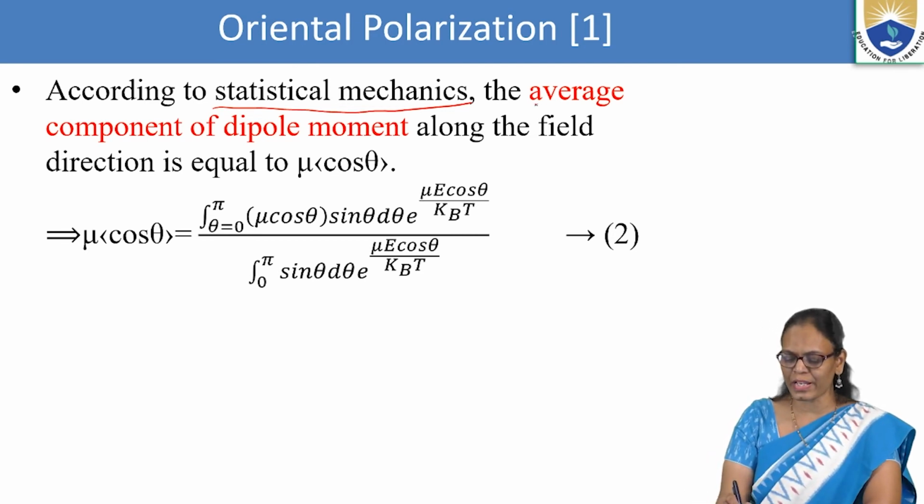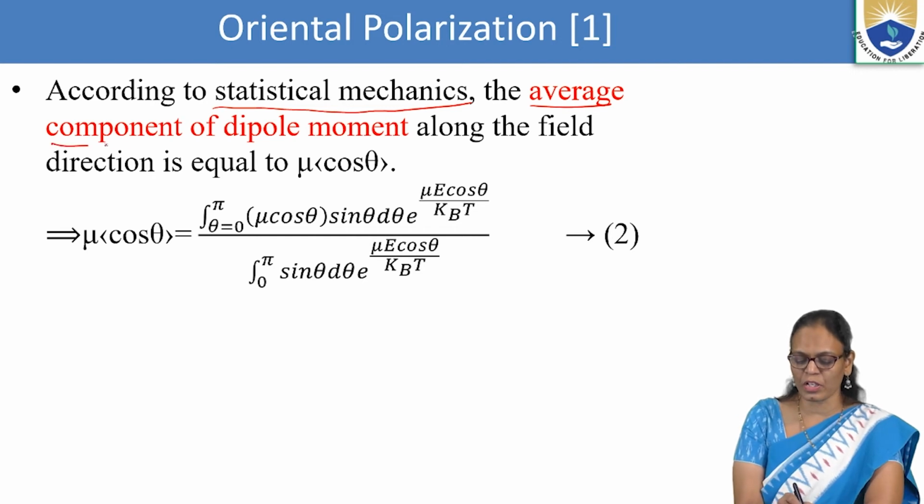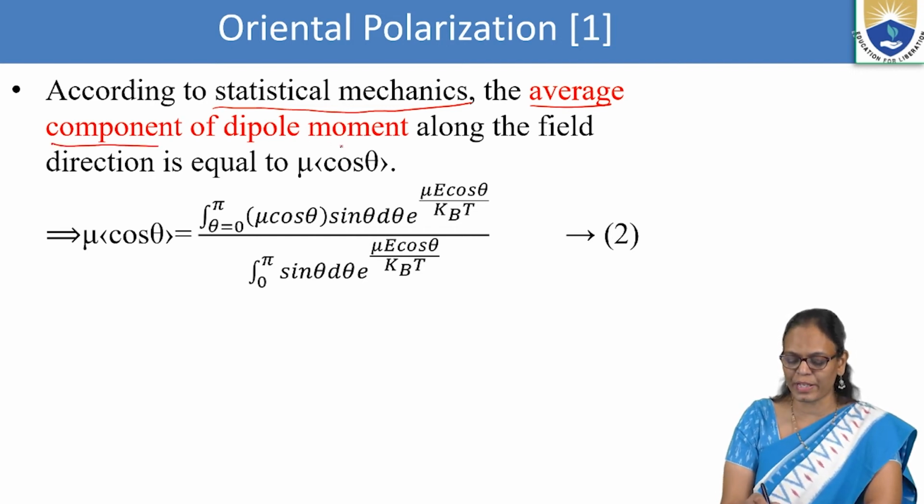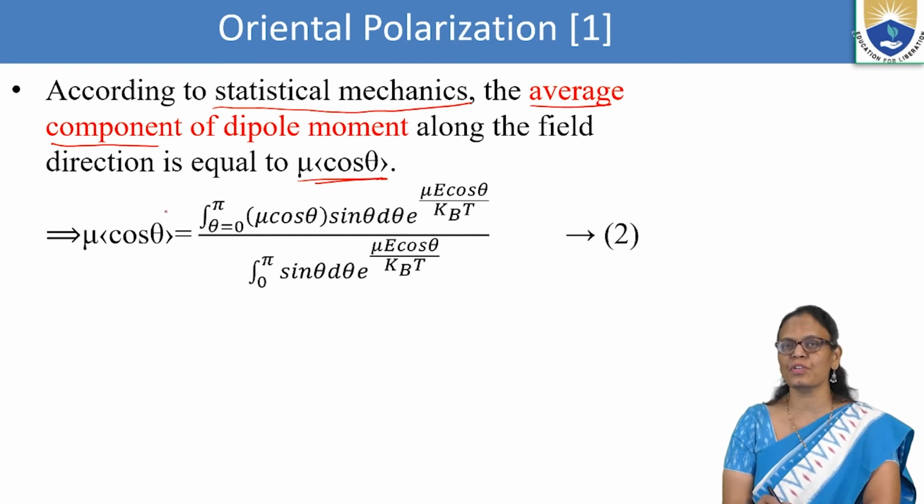So the average component, we are talking about the component of the dipole moment, is given by mu cos theta. And this is the expression we have. You can take it as it is, not derive.